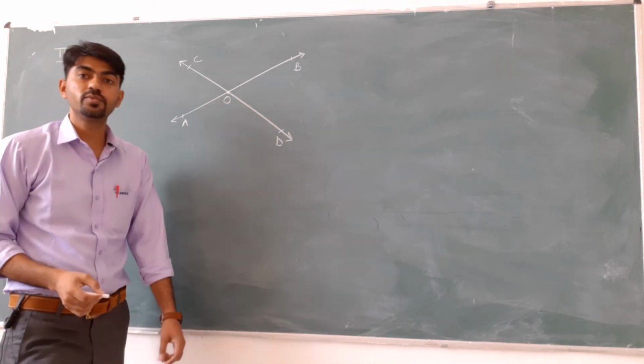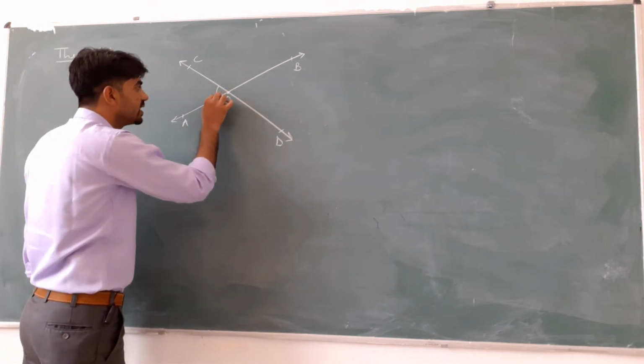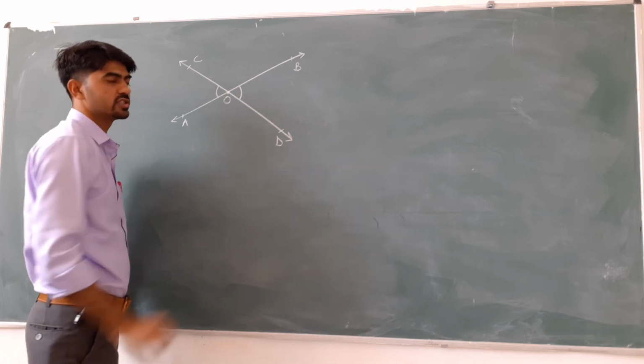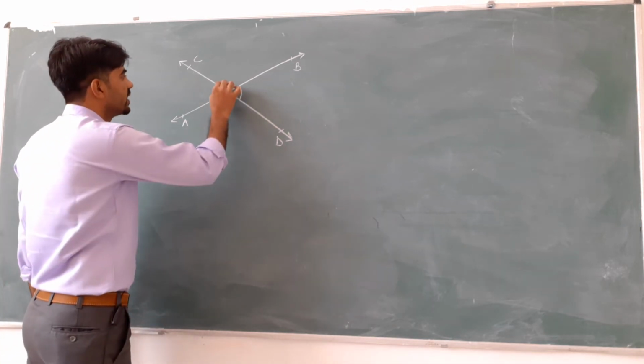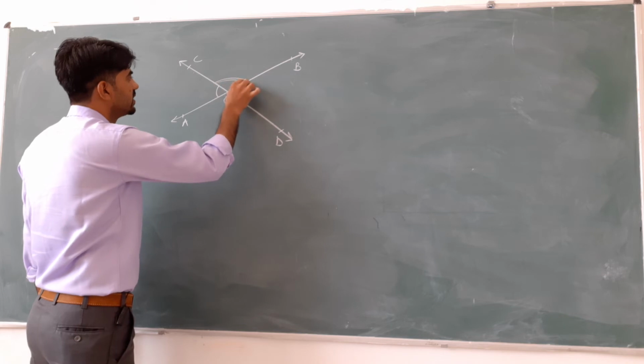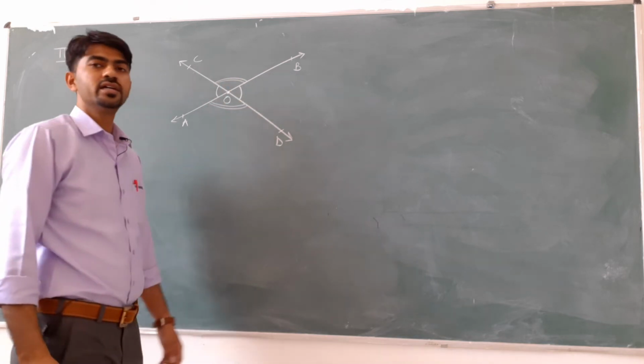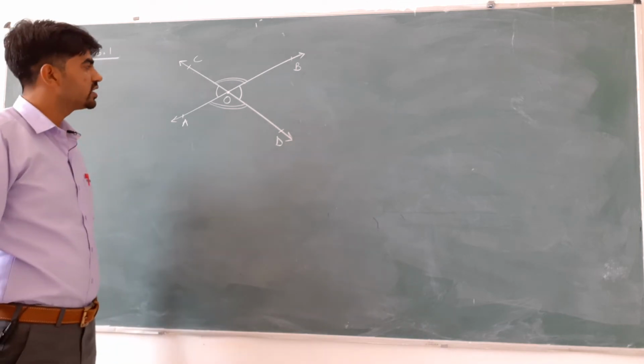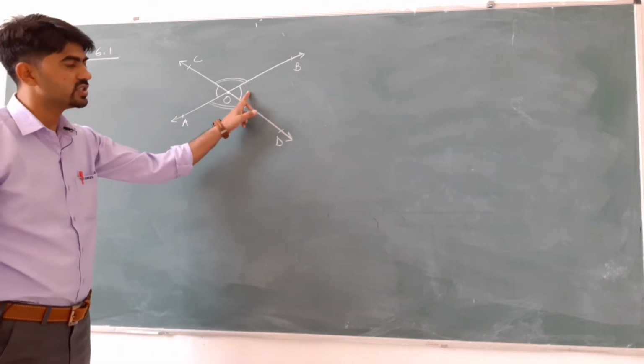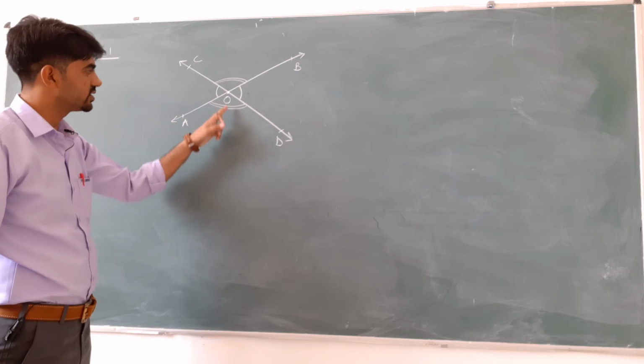Then the vertically opposite angles: this angle and this angle are vertically opposite, and this angle and this angle are also vertically opposite. Now we are to prove that this angle is equal to this one and this angle is equal to this one.